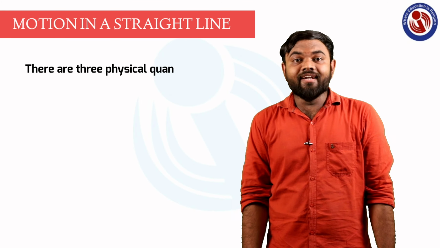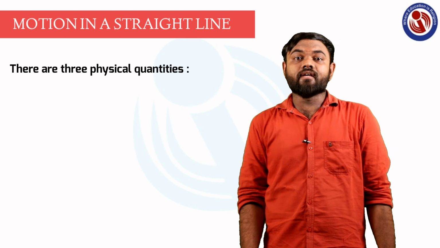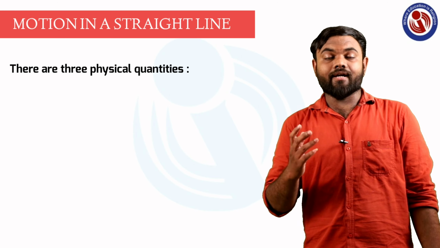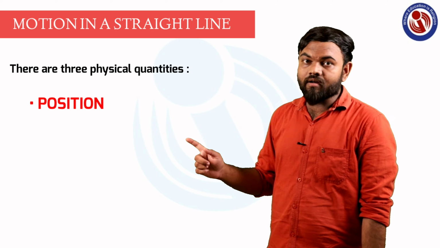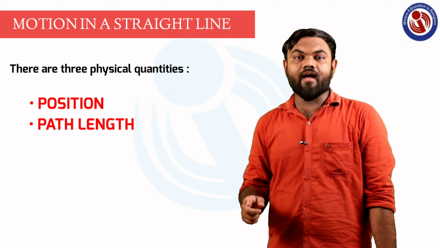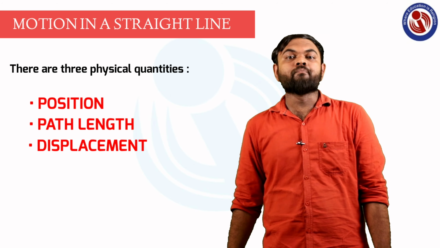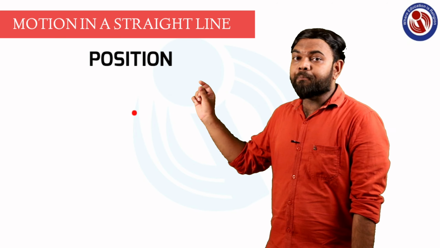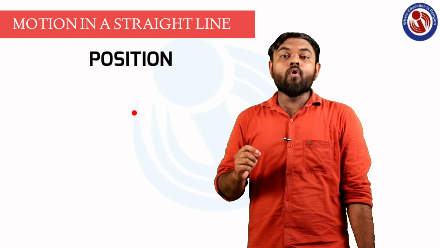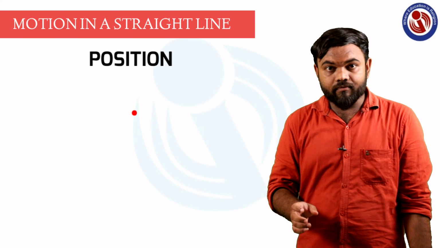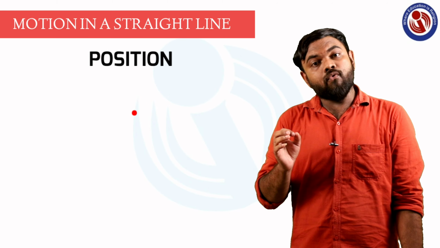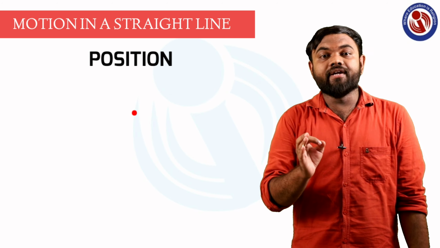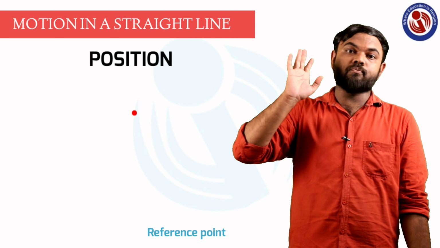There are mainly three physical quantities in motion in a straight line. First one is position, second one is path length, and third one is displacement. Okay, let's start with position. Here I put one dot. What is the position of this dot? We cannot define it. For the position, we need to take one reference point.